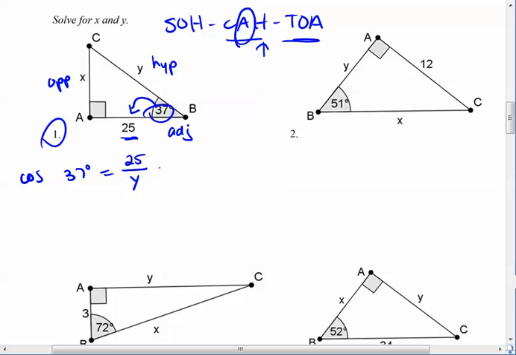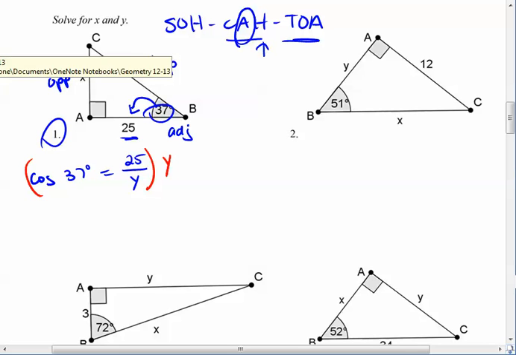Now, I have to get y out of this fraction. How do you get y out of this fraction? Well, first off, I'm going to get this cosine a little bit closer to 37 degrees here. I am going to multiply both sides of the equation by y to get it out of the denominator.